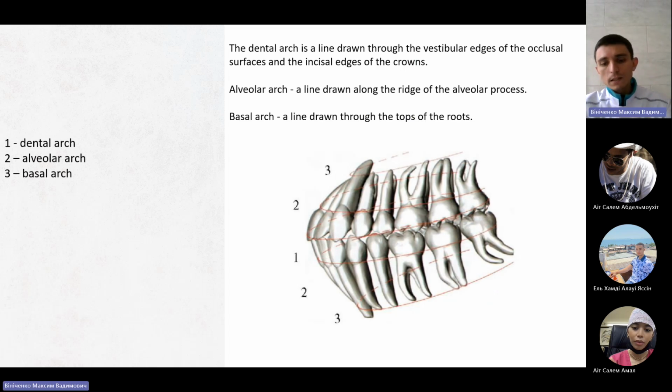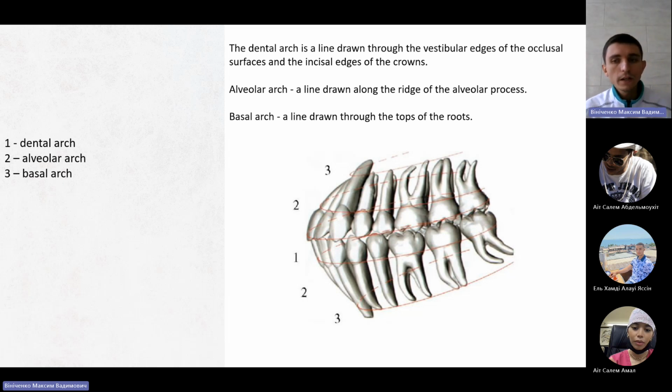Now a few words about the dental arch. The dental arch is a line drawn through the vestibular edges of the occlusal surfaces and the incisal edges of the crowns. In dentistry, we use three arches: the dental arch, the alveolar arch, and the basal arch. We need to know that the basal arch, in the lower jaw, is shorter than the dental arch.